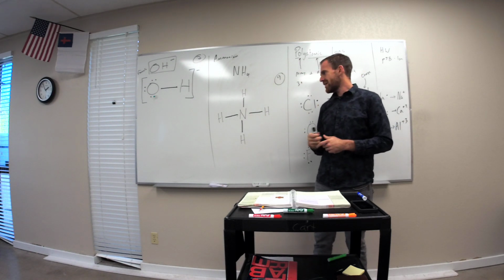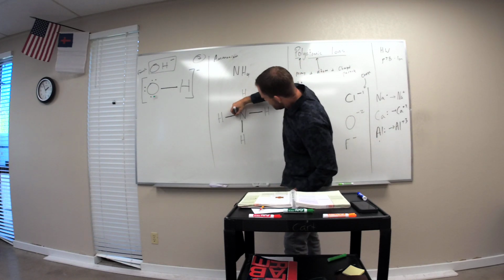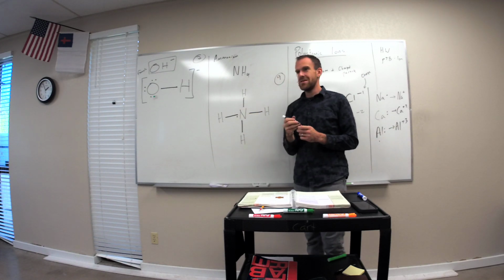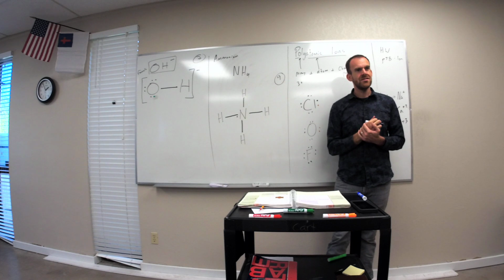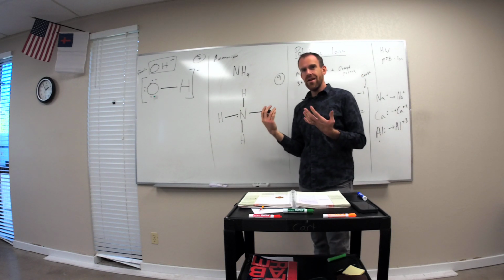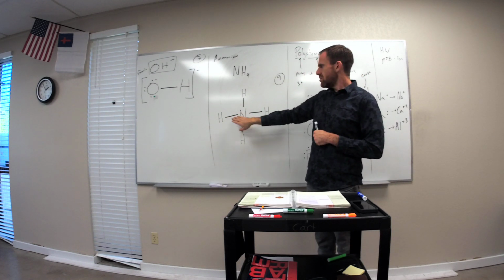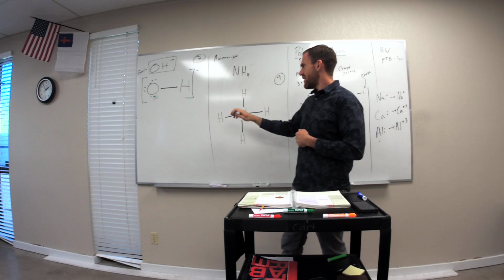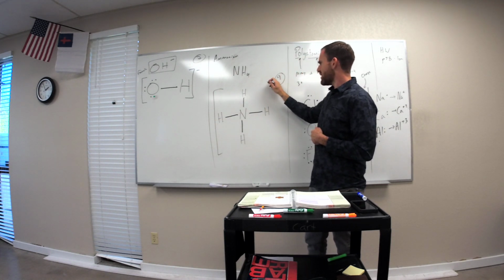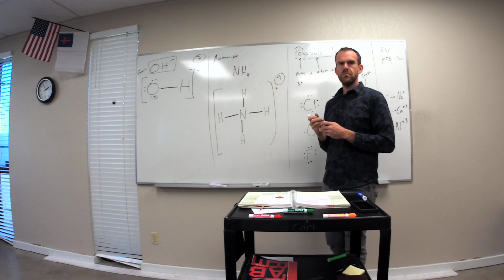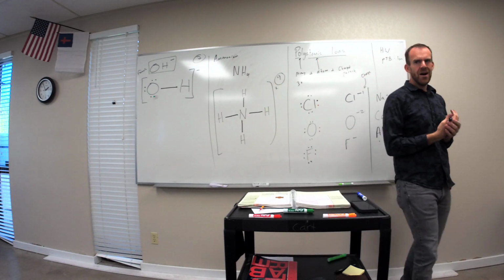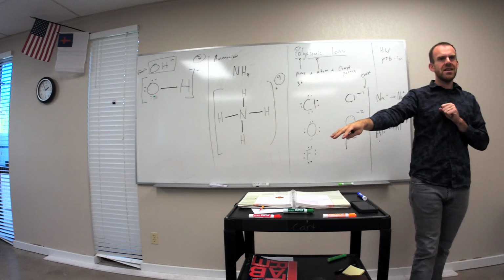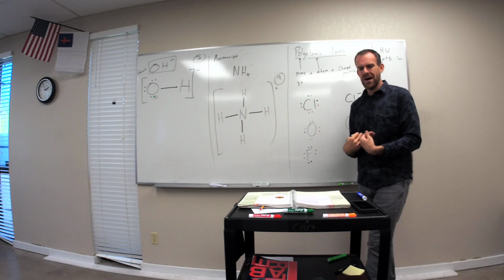There's one extra electron. It's right there. And nitrogen now has 9. What's the easy solution? -1. You lose this electron. If I lose that electron, then this overall becomes positive. Why is it positive? I've lost something negative. I become more positive.